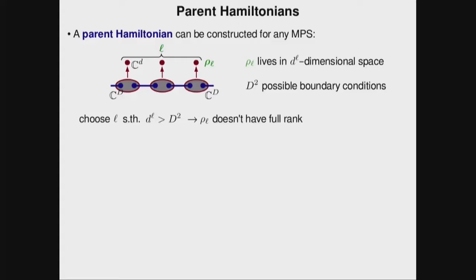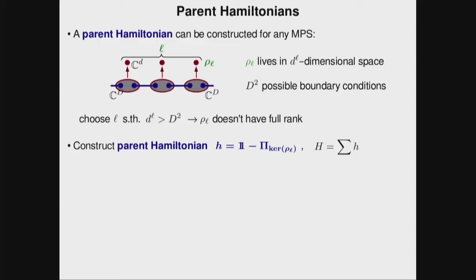On the other hand, this d to the L grows as we make our block longer and longer. It grows exponentially in the length. So you see that very quickly, pretty much regardless of how big these individual dimensions are, you will reach a regime where the dimension of the physical space, small d to the L, is bigger than the number of states you can get. So necessarily there will be states which you cannot get in the physical system, which earlier was a spin 2 subspace. Now it's just from a counting argument.